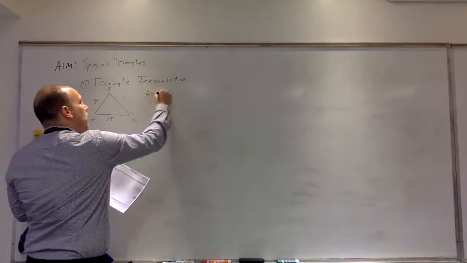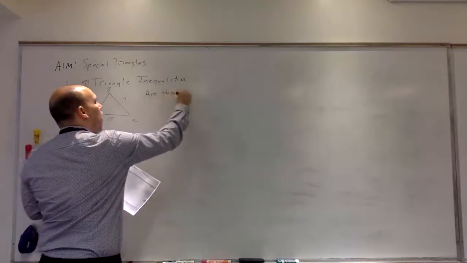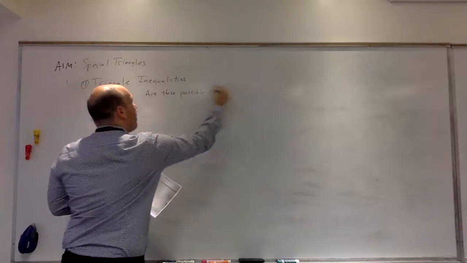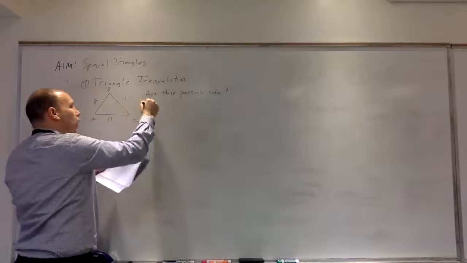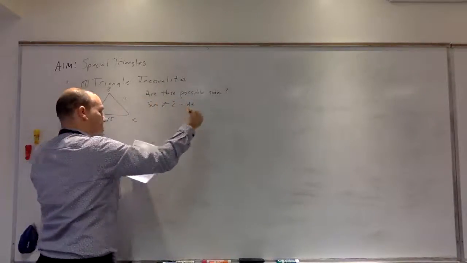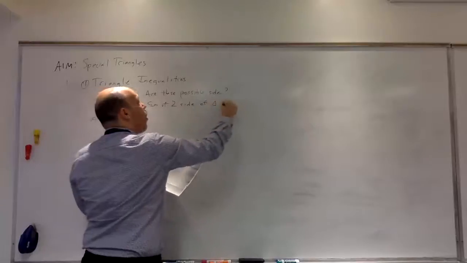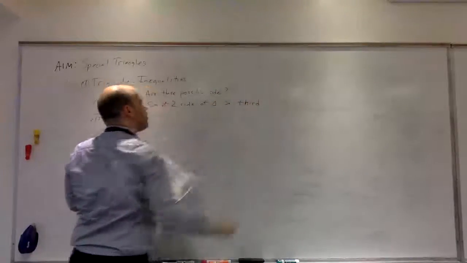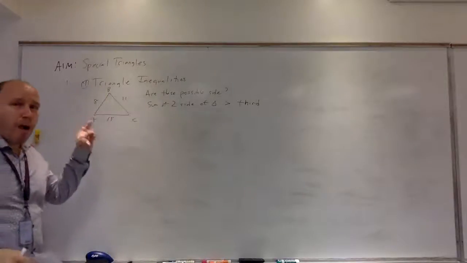Are these possible sides? The answer is, well, first of all, the sum of two sides of a triangle is always greater than the third. That's how you know you have a possible triangle.